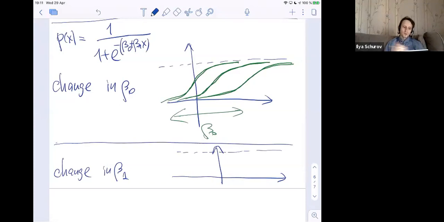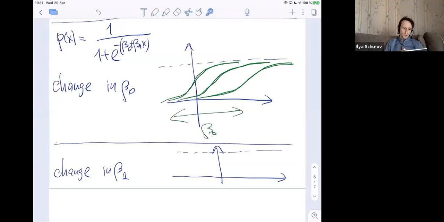If I make beta 1 larger, for example, it is positive, and I make it larger, what happens with my curve?